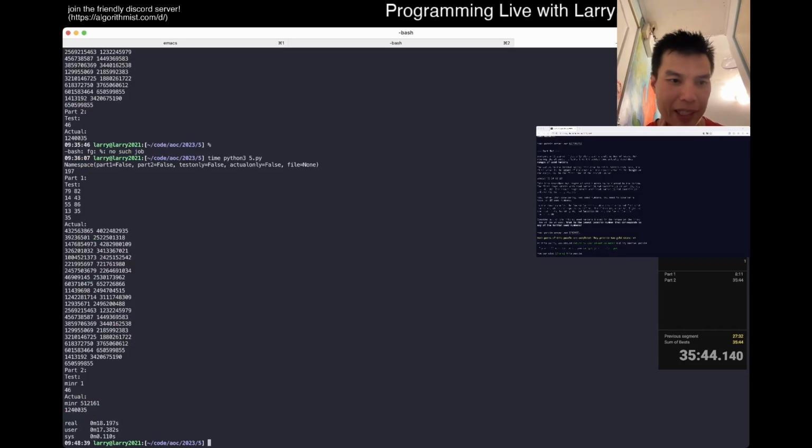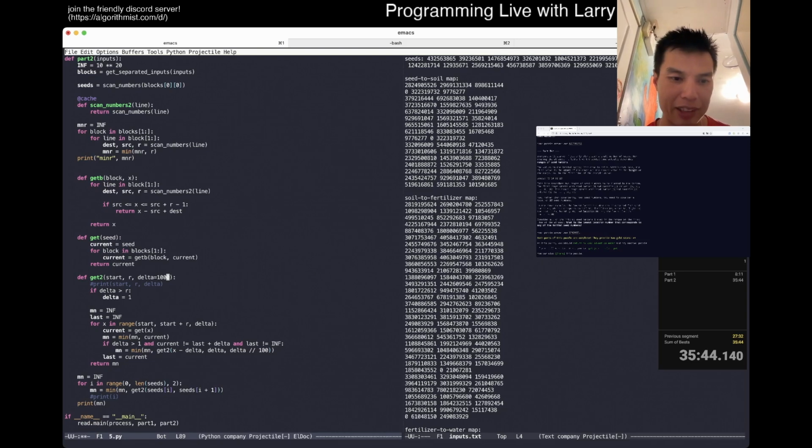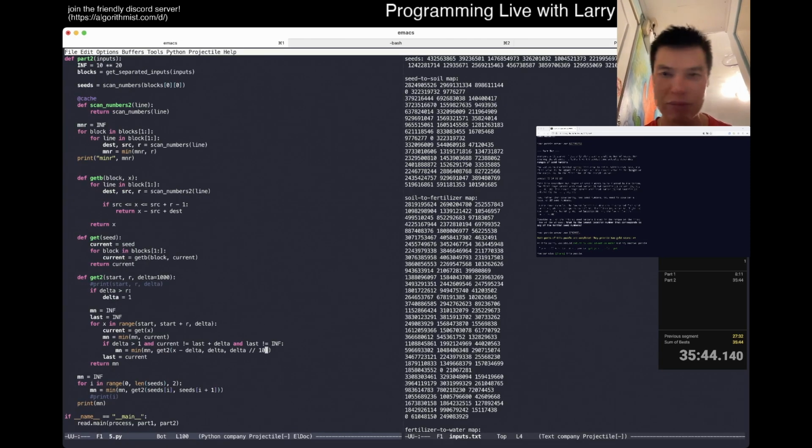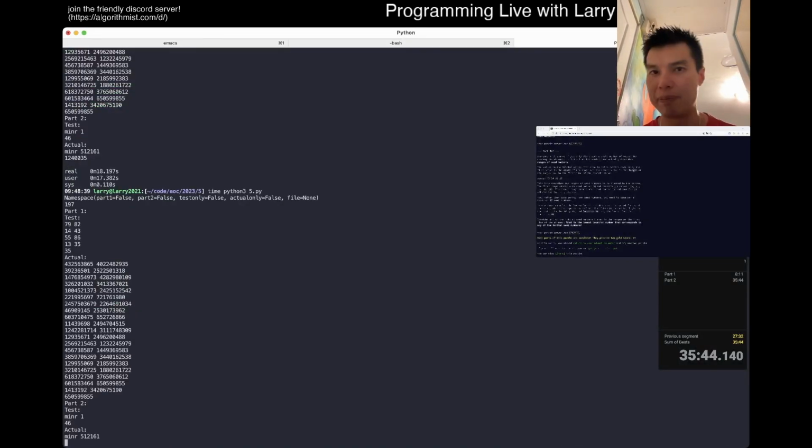So it just actually, on delta is equal to 1,000, that means that we try for every 1,000 numbers. It would have only taken 18 seconds. So not great, but also we could have waited it out because it's already 1,000 times faster, right, than just doing it naively.